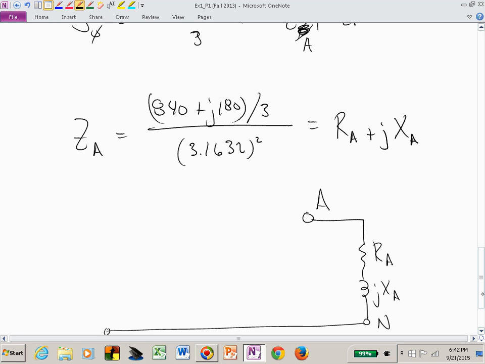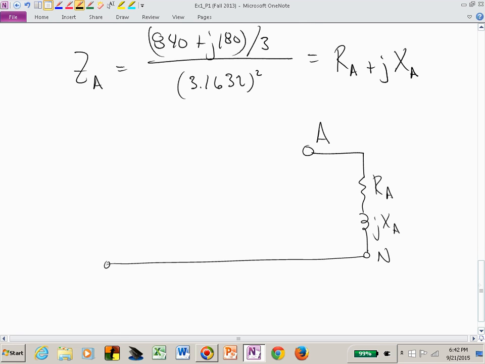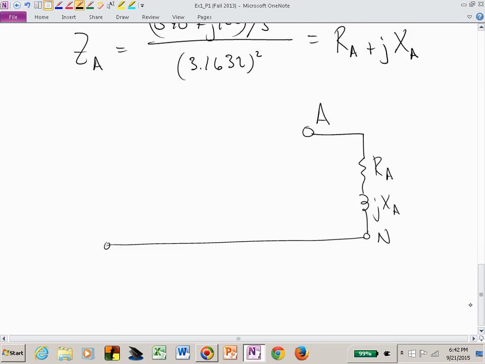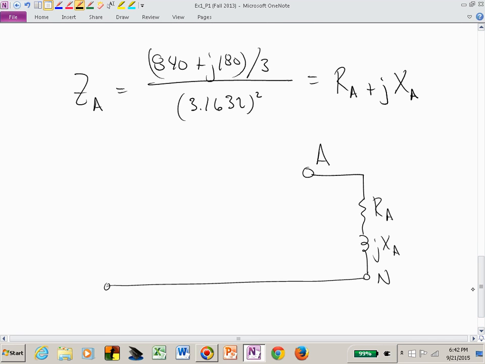I think the question was, can we leave our impedance in polar format? I think I would like it in rectangular. Yes, put it in rectangular, because that's what I'm looking for, the resistor and the reactance. Other questions? Yes. We're doing the single phase.